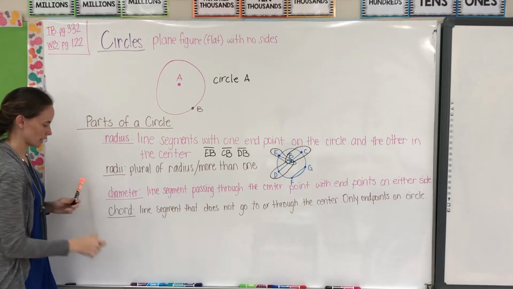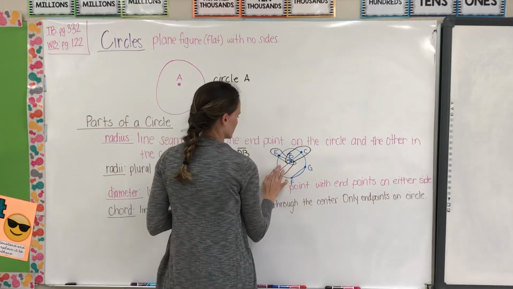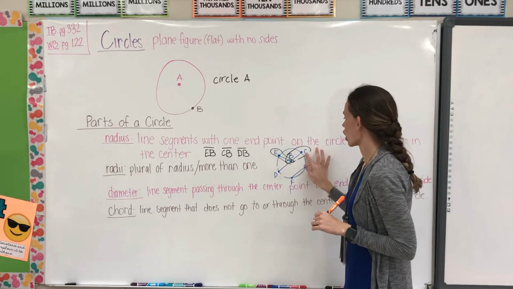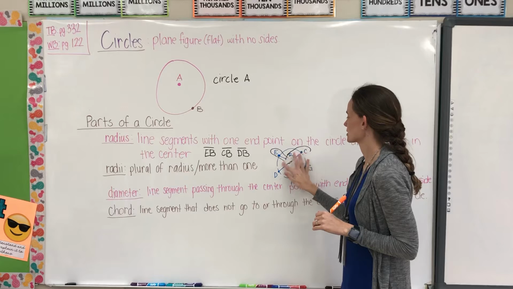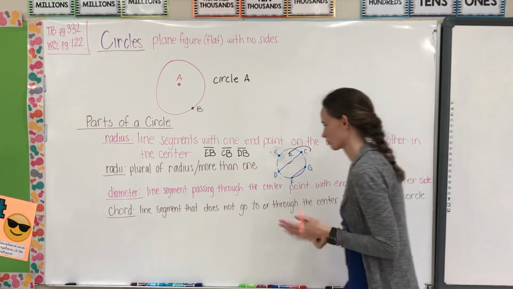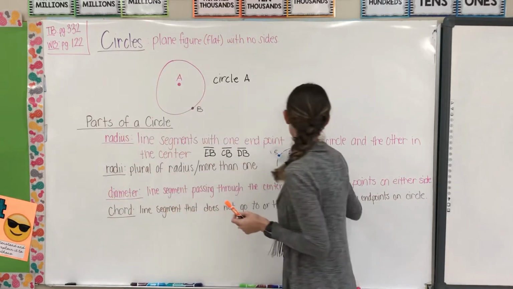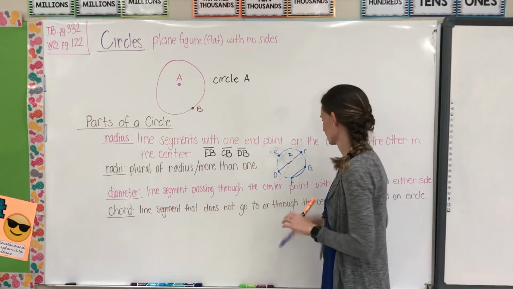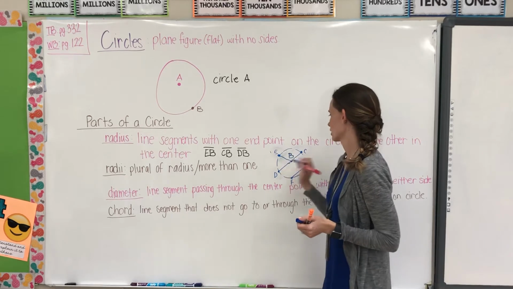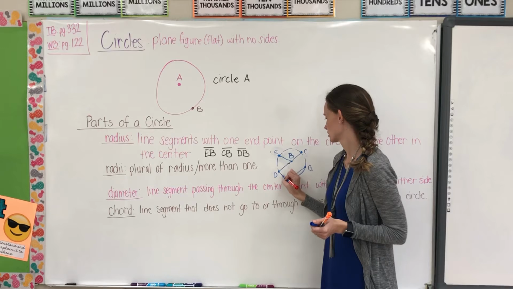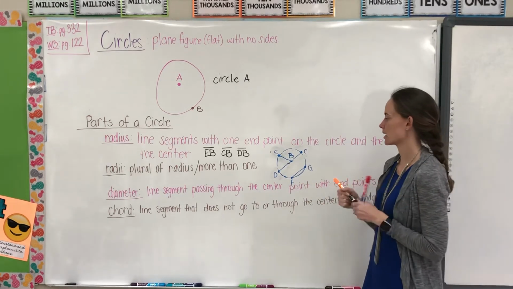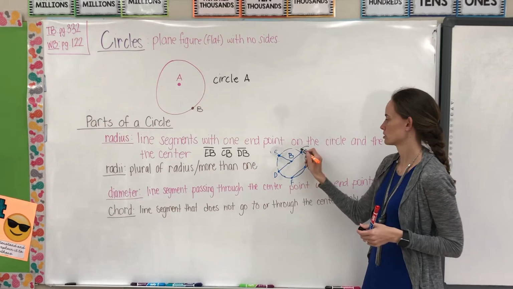Now the next part is the diameter. The diameter is like a radius, except that it goes all the way through. So it has both endpoints on the circle and it passes through the center.